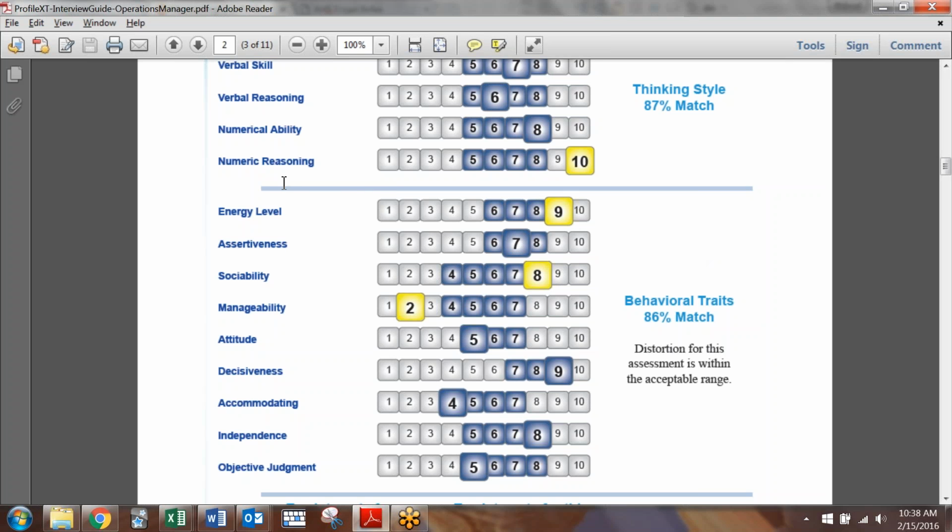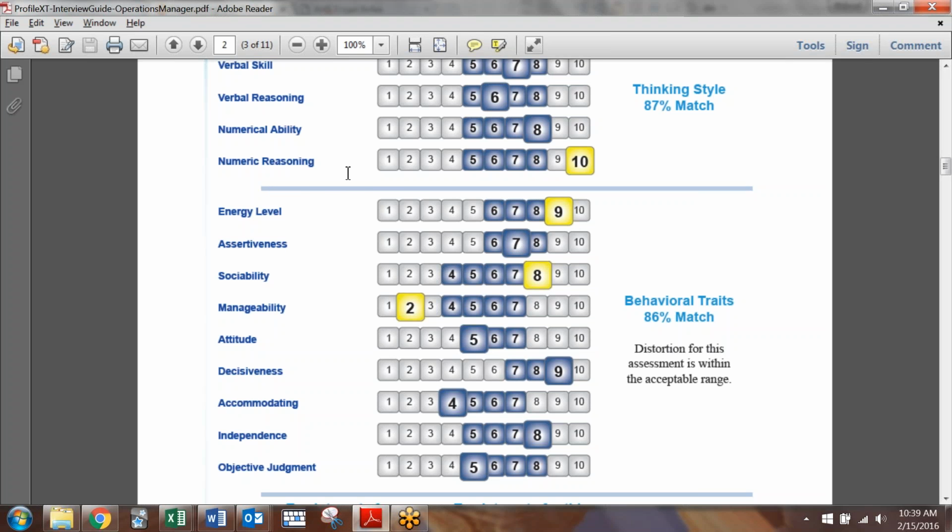It doesn't mean they're not personable necessarily, but they don't really go out of their way, particularly with groups of people that they don't know. They would not want to hang out with those people as much. They would just as soon, if they had a choice of going to a happy hour or going home and watching TV or reading a book or doing other stuff, they may prefer to do that.